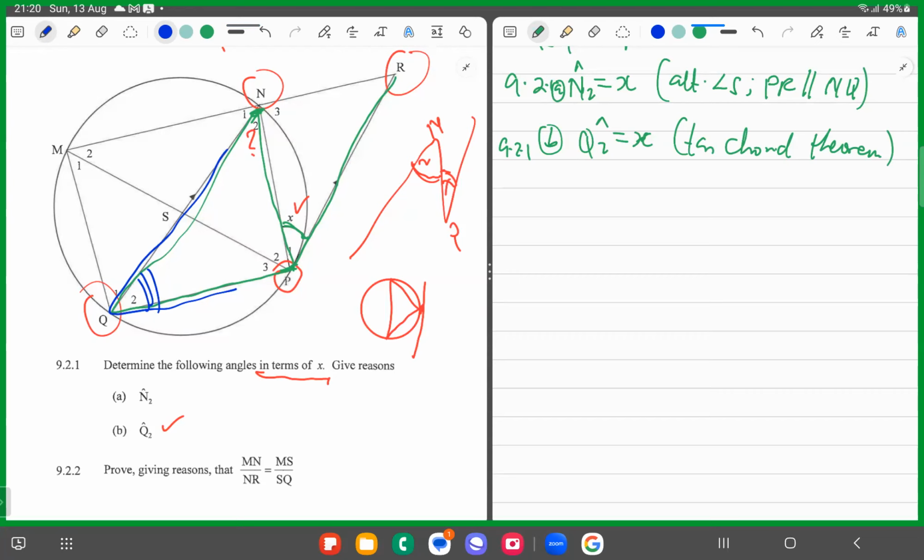We continue and we solve the questions. Now we are looking at another geometry question, 9.2.2.